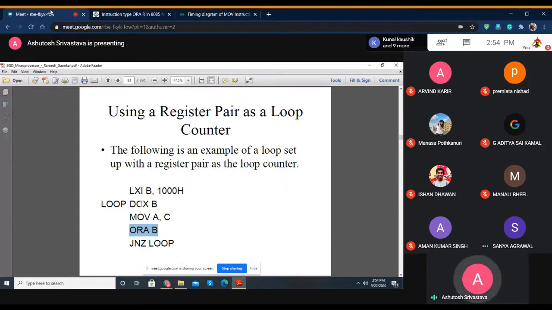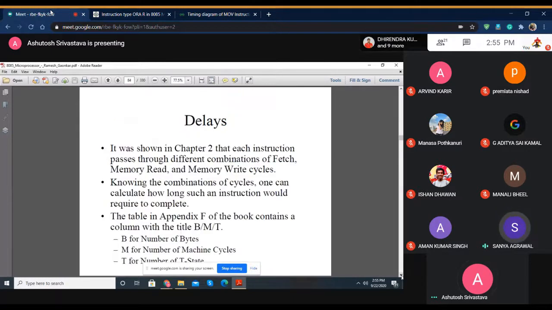What would DCX B do? What is the role of this instruction? After decrementing the value 10 by 1, it will become 0F.